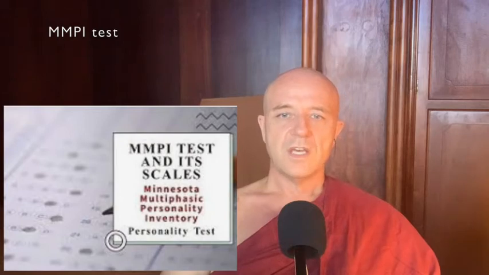On the MMPI-2, elevations on scales 2, depression, 4, psychopathic deviate, and 8, schizophrenia, are common. Scales 0, social introversion, and K, correction, tend to be high. F, frequency, is typically low.